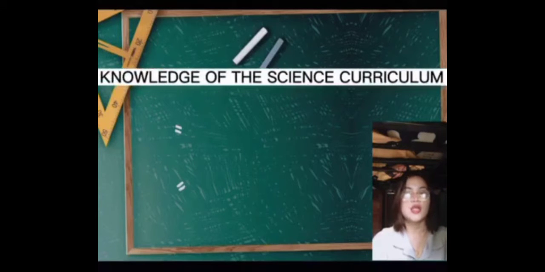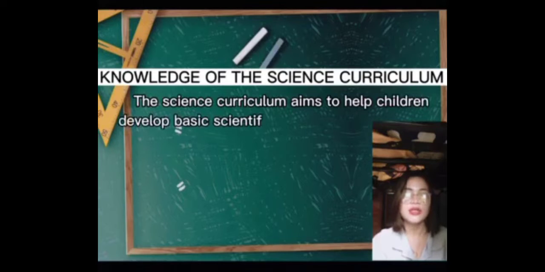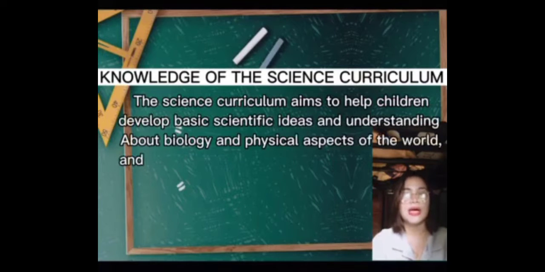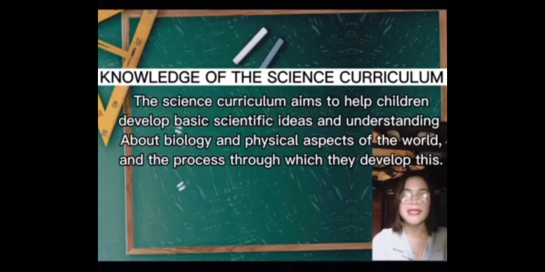And the fourth one is knowledge of science curriculum. The science curriculum aims to help children develop basic scientific ideas and understanding about biological and physical aspects of the world and the process through which they develop this.